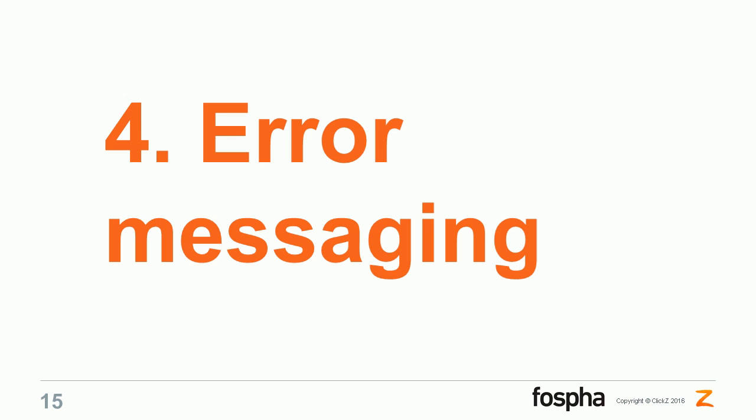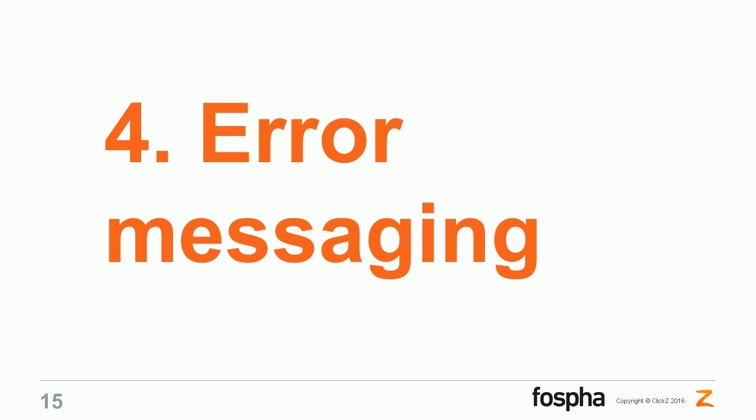Quickly on error messaging, the aim of form design should be to avoid having to serve error messages to users, and good design should enable sites to avoid many common errors. However, users will still make errors from time to time, and it's important to help them overcome this and continue on their journey. Error messages should be used to explain why the visitor has made a particular error and to tell them about the action or actions they need to take to rectify the problem.